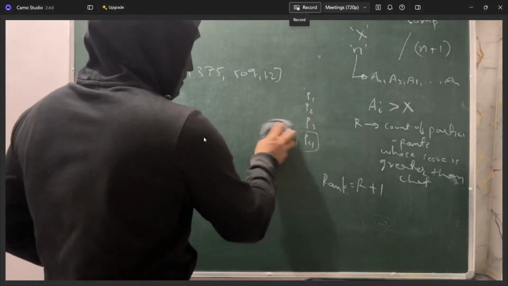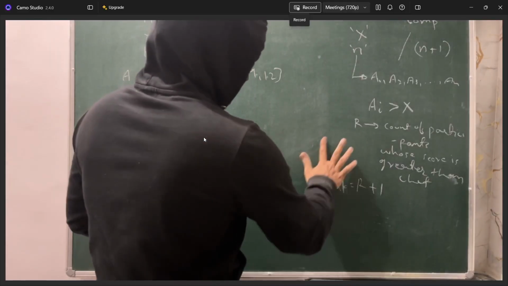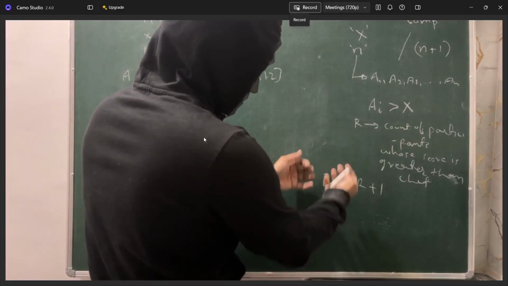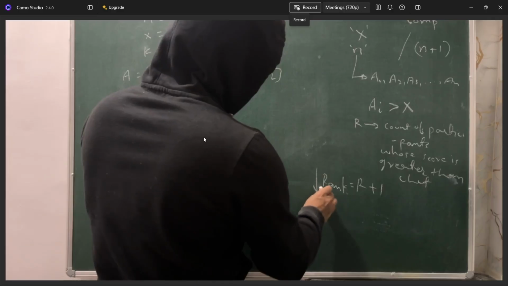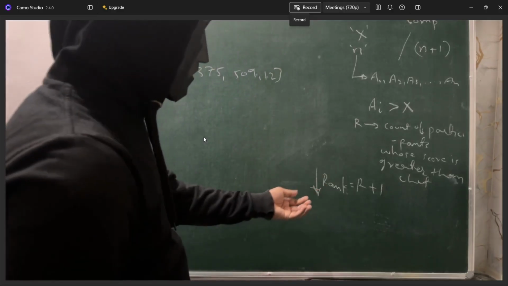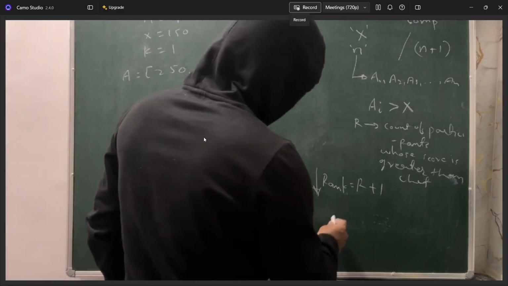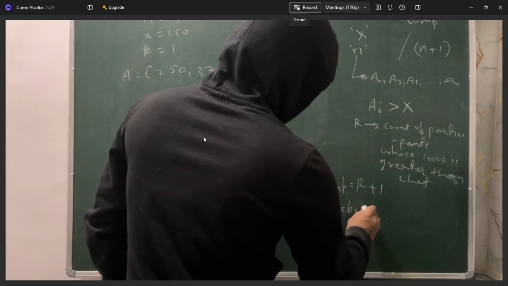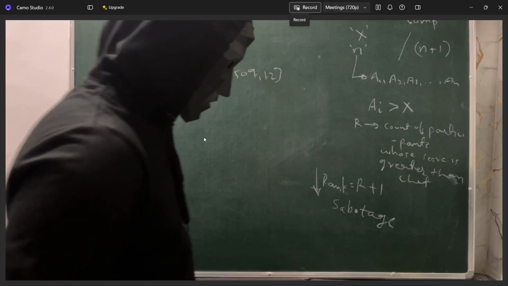So now our task is basically to minimize this rank, which means chef is better. In order to minimize this rank, chef can perform sabotage operations. So what are sabotage operations?